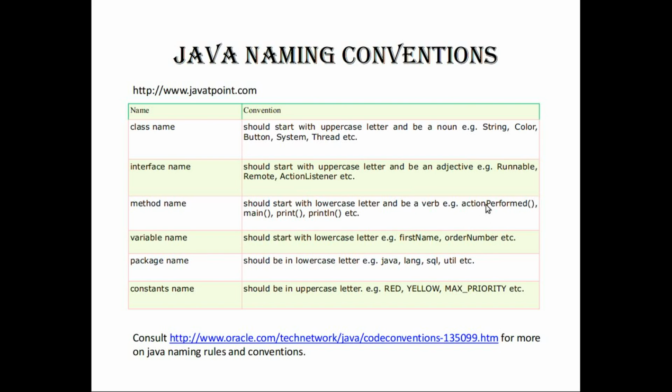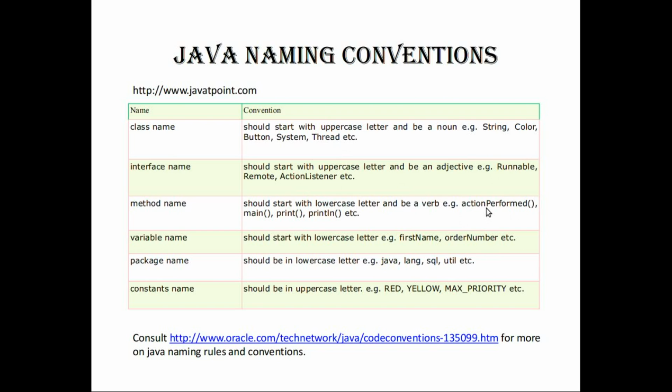And you see, it starts with a lowercase for the first word. In cases where you have multiple words, with the class we said you should capitalize the first letter of each word. But with the method, the first letter of the first word is always lowercase.